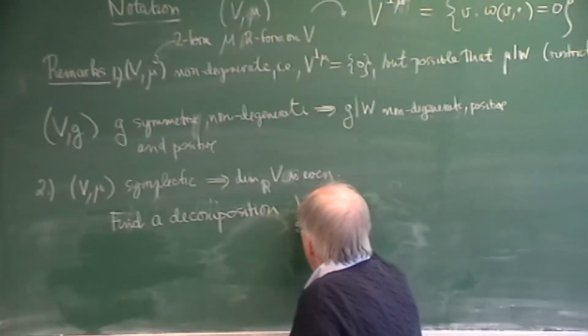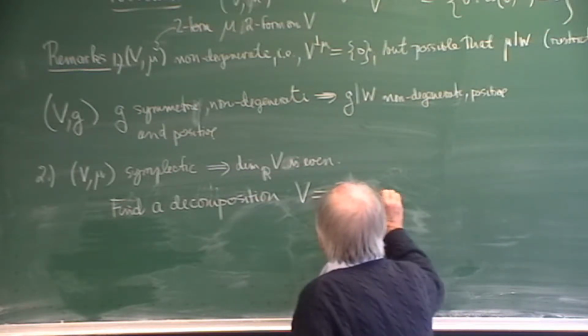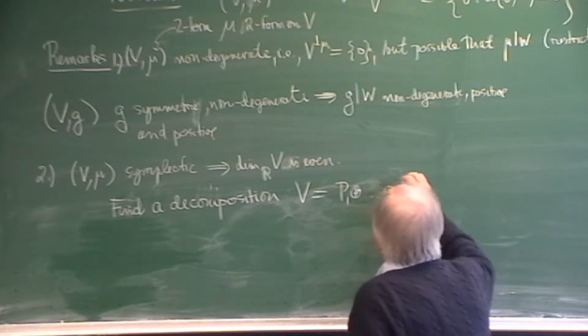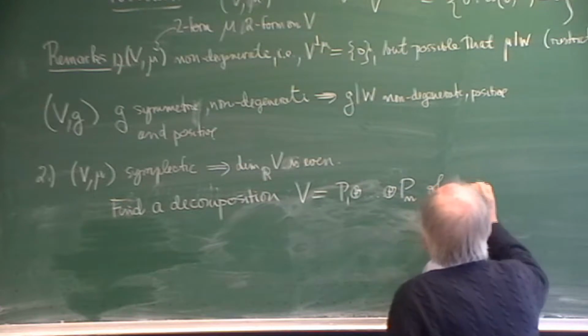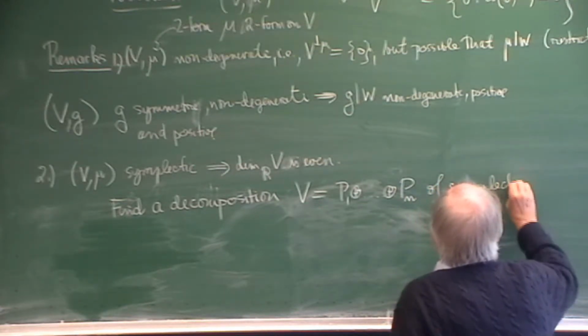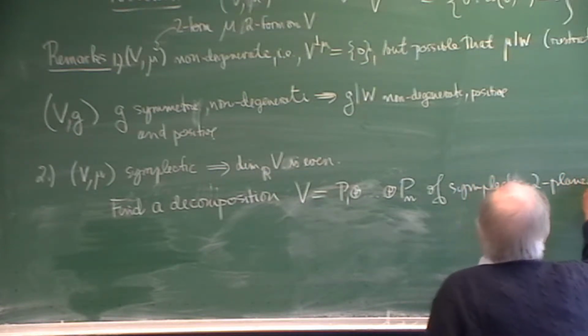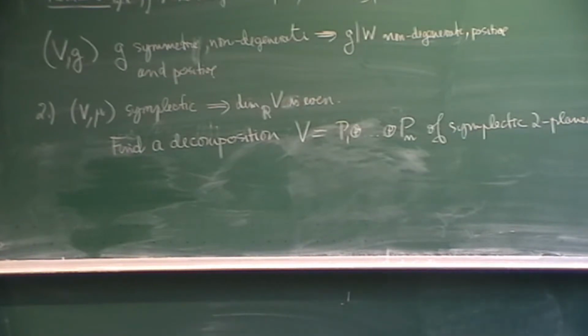A decomposition V equals P1 to Pn of symplectic 2-planes which are omega orthogonal.